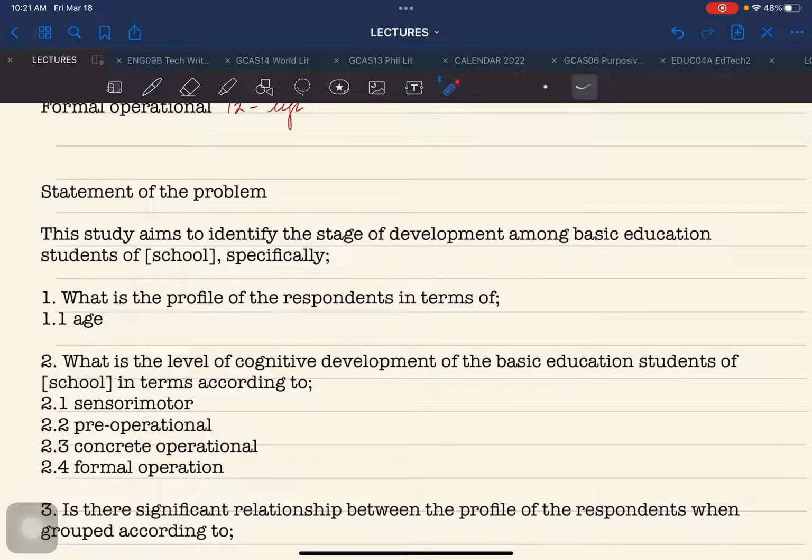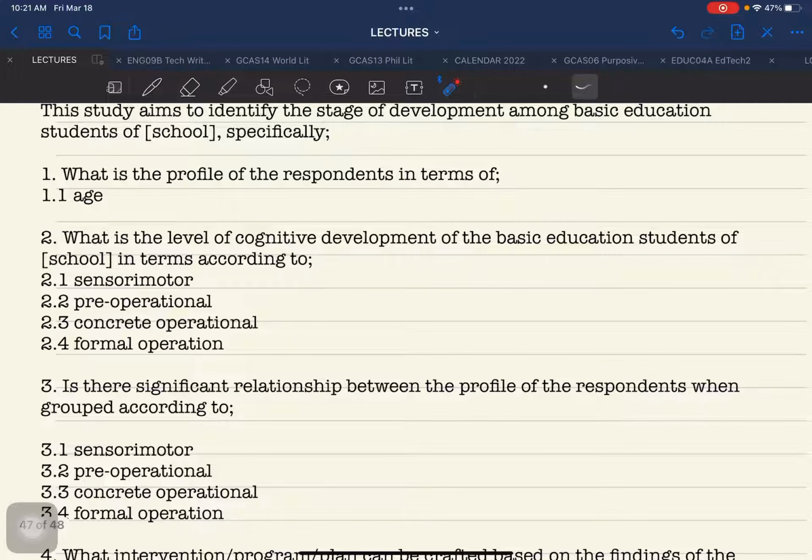That is the role of the theory or the concept that you are using. The theory is reflected in the statement of the problem, and eventually it will try to prove or disprove, either we accept or reject, or this will also be the basis of the interpretation of the results when we have already analyzed the data from the study. So that is SOP number 2.